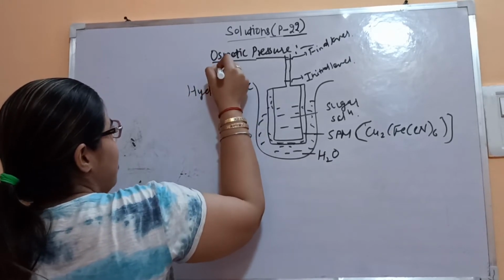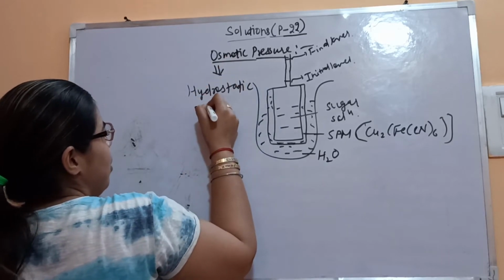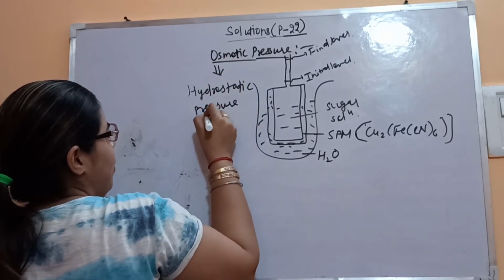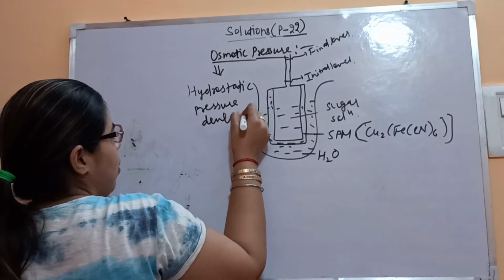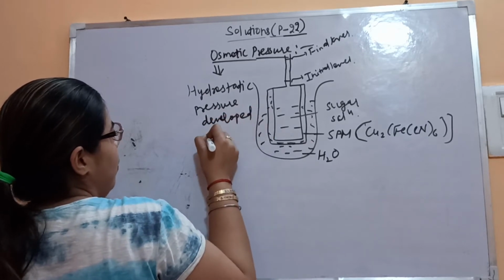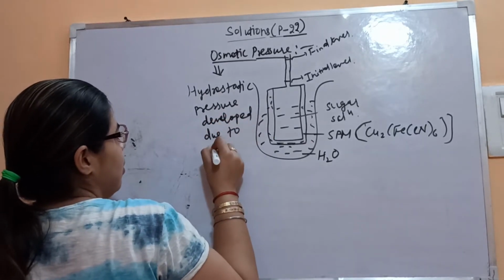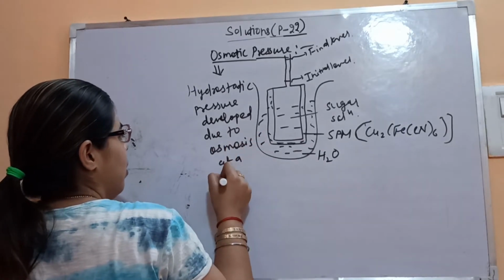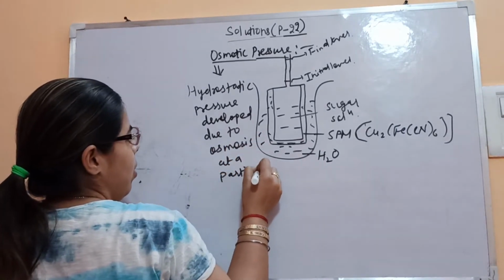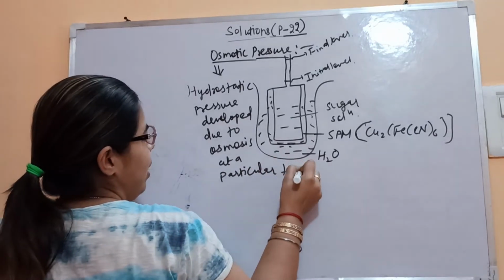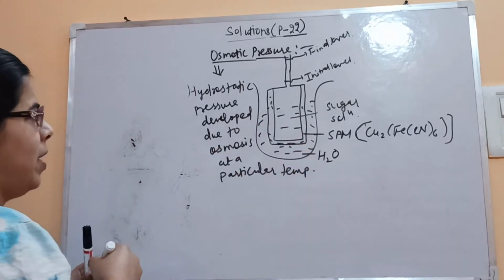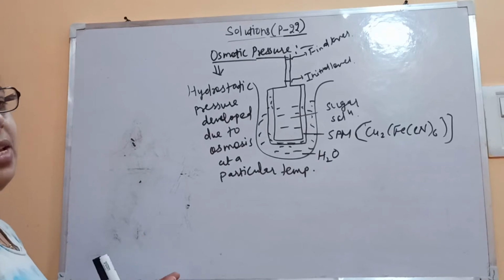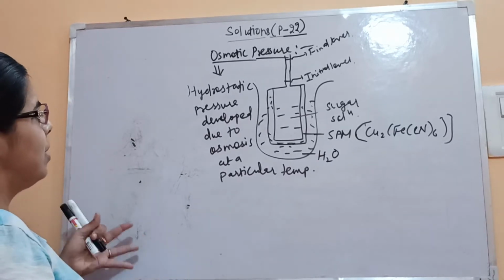This is one definition of osmotic pressure: hydrostatic pressure developed due to osmosis at one particular temperature. After that you will not find any osmosis taking place; it will become constant. So this is one of the definitions.